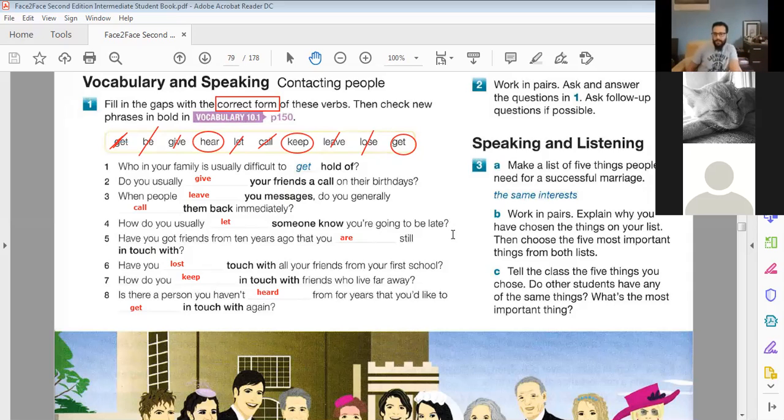Okay. Have you lost touch with all your friends from your first school? Maybe, I think so, yeah. To be frank, I don't think they are actually good friends, so. You're talking about friends or people you knew from preparatory school and primary school and secondary school, right?